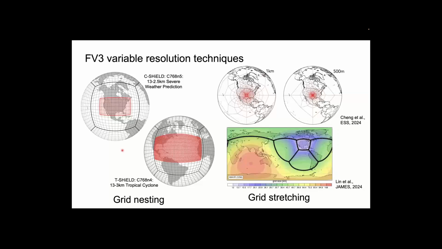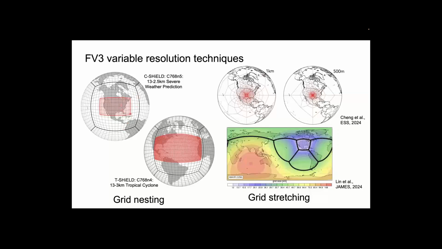We can generate a lot of data, and it's not easy to manage, store, transfer, and share the data. So in FV3, we have different variable resolution techniques already implemented in the code. We have grid nesting on the left and grid stretching on the right. Grid nesting is where we add an additional grid over an area of interest, starting from a cubed sphere grid. Then we can add this red rectangle, which is an additional tile or grid, as we call it, over, for instance, CONUS to simulate severe weather predictions.